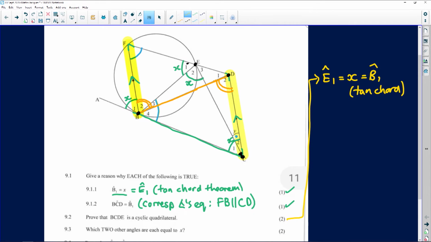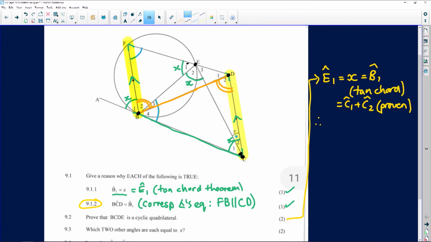Okay, we've already had that BCD is equal to B1. So angle C1 plus C2 is equal to B1 over here. So this will be equal to C1 plus C2. So we've argued that E1 is equal to C1 plus C2. And this here was proven earlier, or we've used it in 9.2.